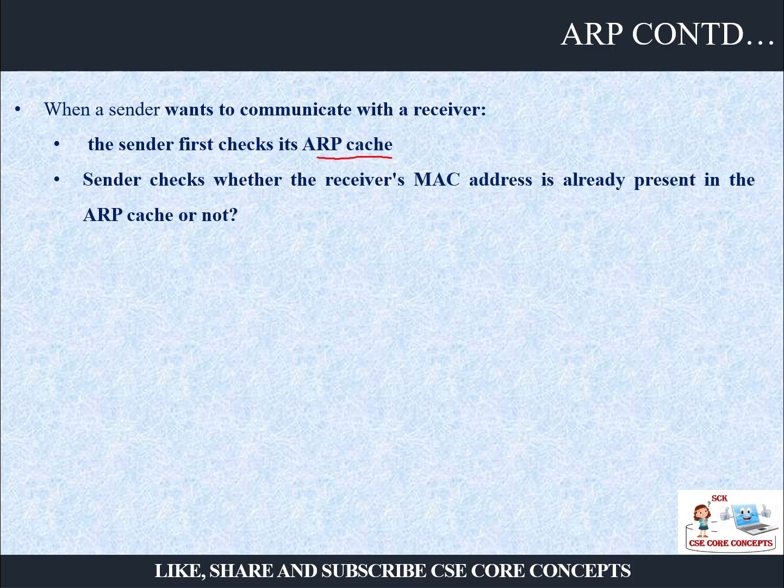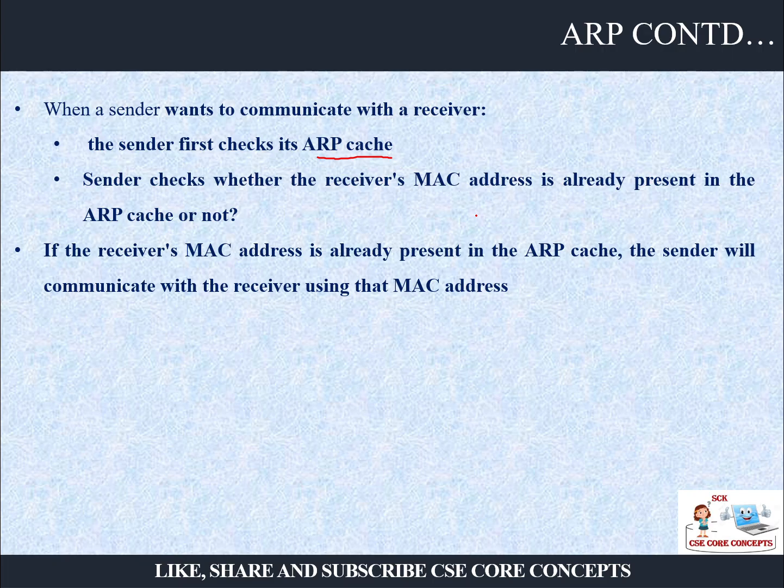The sender will check whether the receiver's MAC address is already present in the cache. If it is a frequent receiver, then the MAC address will be stored in the cache. Otherwise, it will have to retrieve it. If it is already present, very well, it will simply get the address from the ARP cache and send to the receiver using that MAC address.